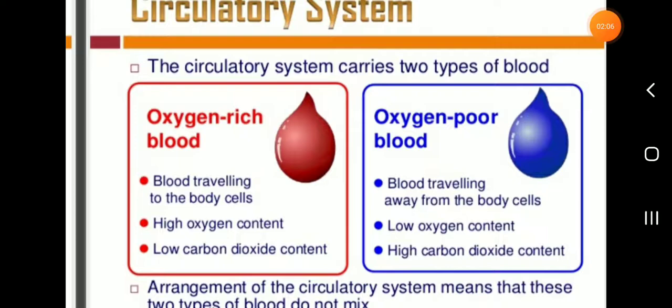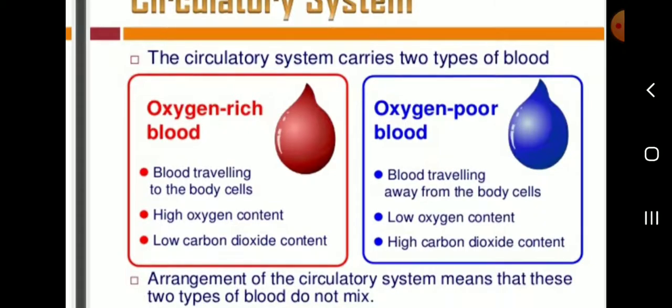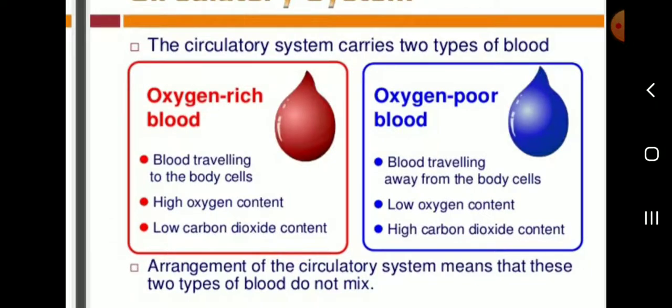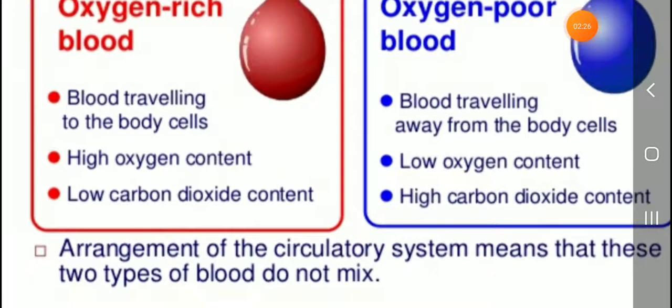Next, the circulatory system carries two types of blood. What are the two types of blood? Oxygen rich blood and oxygen poor blood. What is the main difference between oxygen rich blood and oxygen poor blood? Oxygen rich blood travels to the body cells, with high oxygen content and low carbon dioxide content.